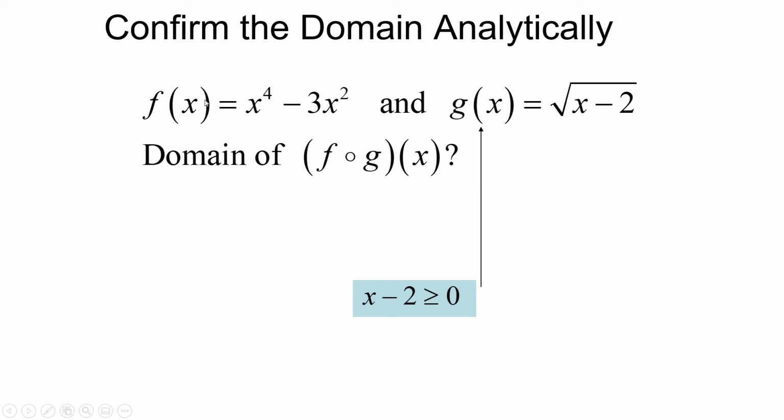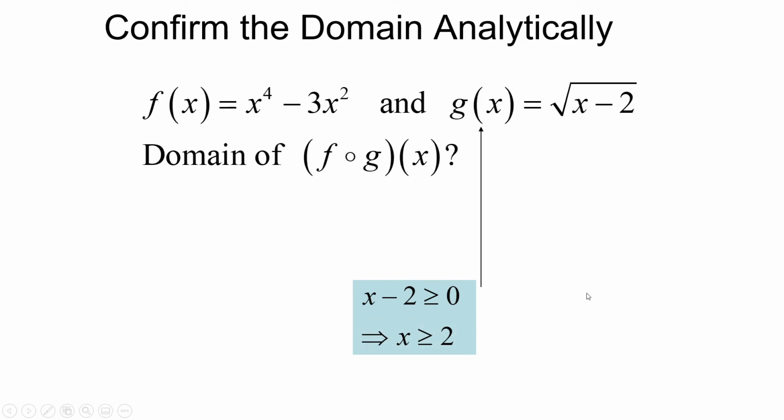Now, f is a quartic polynomial. So x minus 2 has to be greater than or equal to 0, but then I can put any g of x into f of x, because f of x is a polynomial, and polynomials are defined for all real numbers. So the domain for this composite would be x minus 2 is greater than or equal to 0.